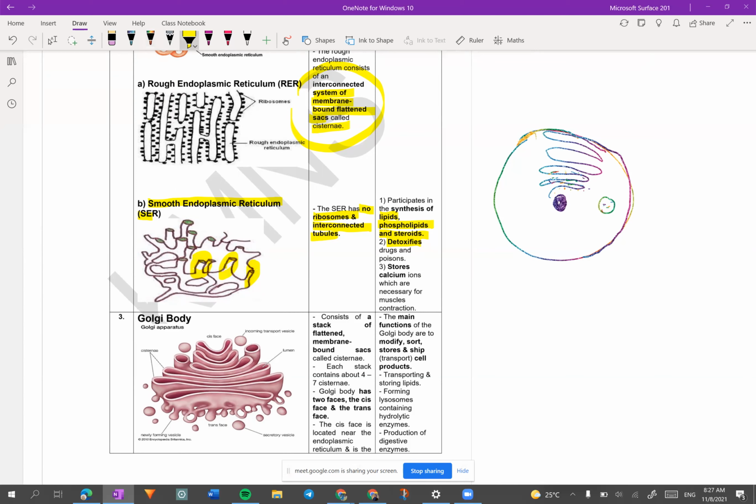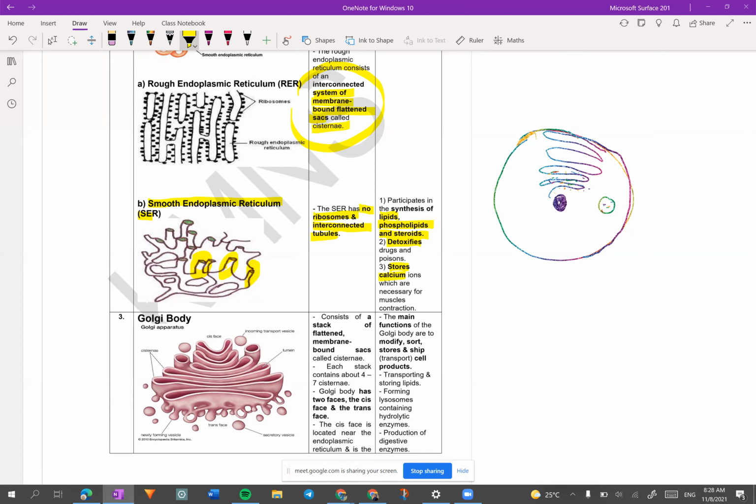And it also stores calcium. This is very important. Some of your cells, especially in reproduction cells, need this calcium to help transport vesicles. You can imagine when you studied reproduction, the sperm releases an enzyme. Did you learn that? Okay.